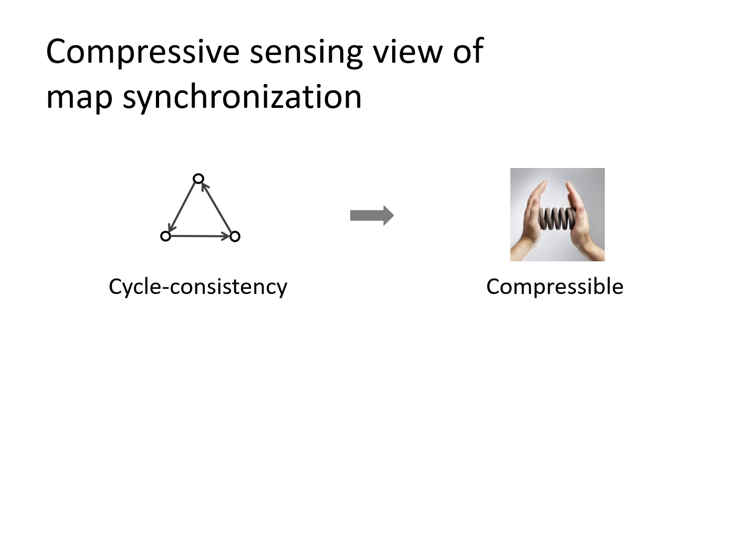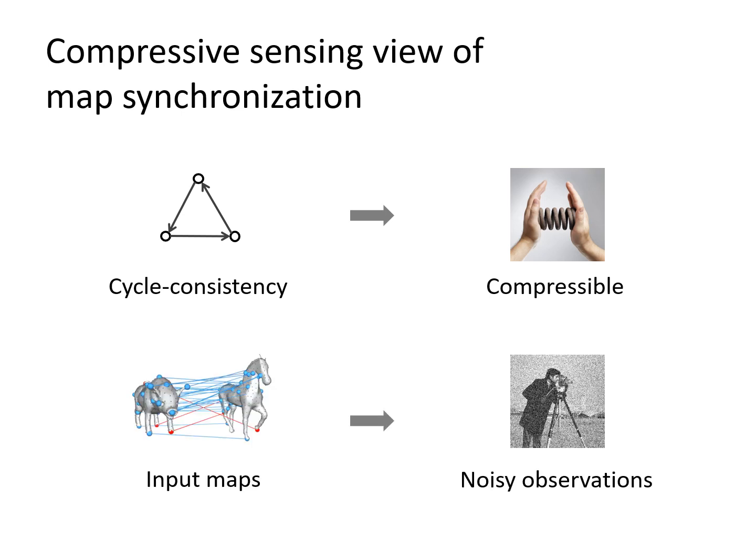We don't need to store all the maps. On the other hand, the input maps computed between pairs of objects in isolation can be considered as noisy observations of the good maps. Some of the correspondences are good, some of them are bad. So now we arrive at a familiar setting where we have a compressible signal, and we have noisy observations of this compressible signal.